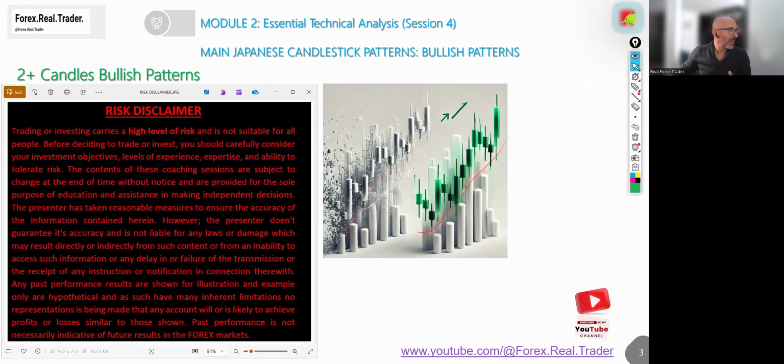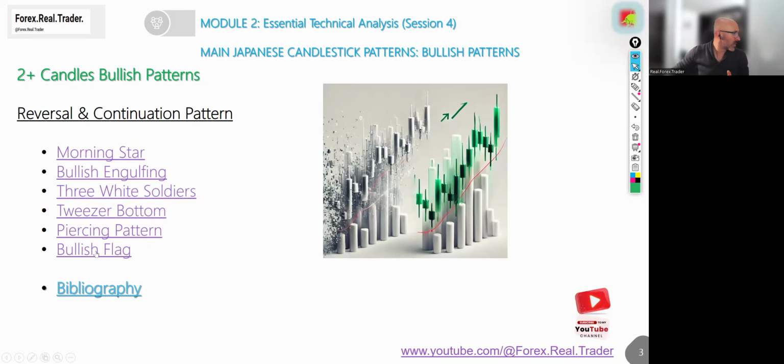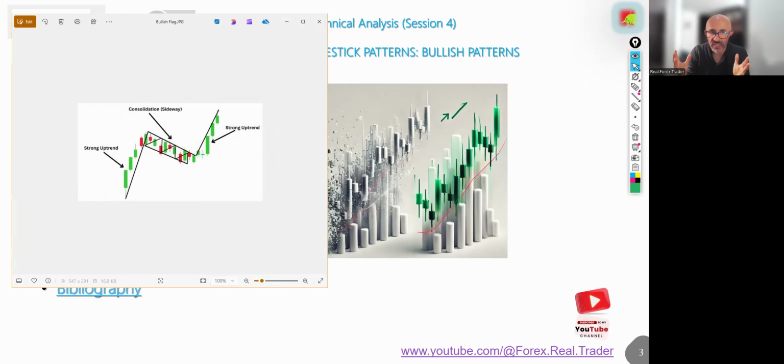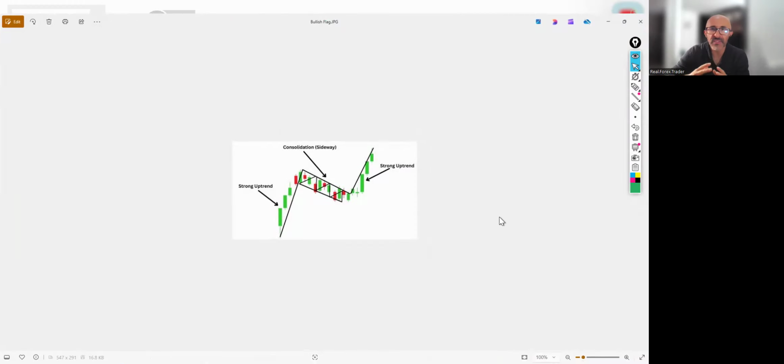Okay, let's first understand the structure, the configuration of this pattern. This is basically a multi-candlestick pattern formation, something that we have to identify from the big picture of the charts. Okay, how is it constructed?